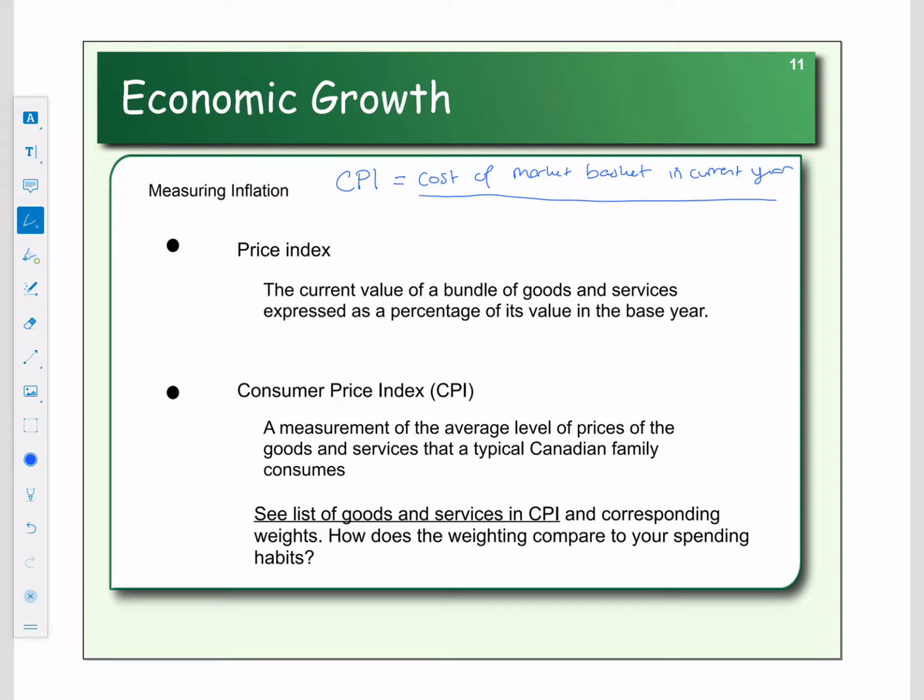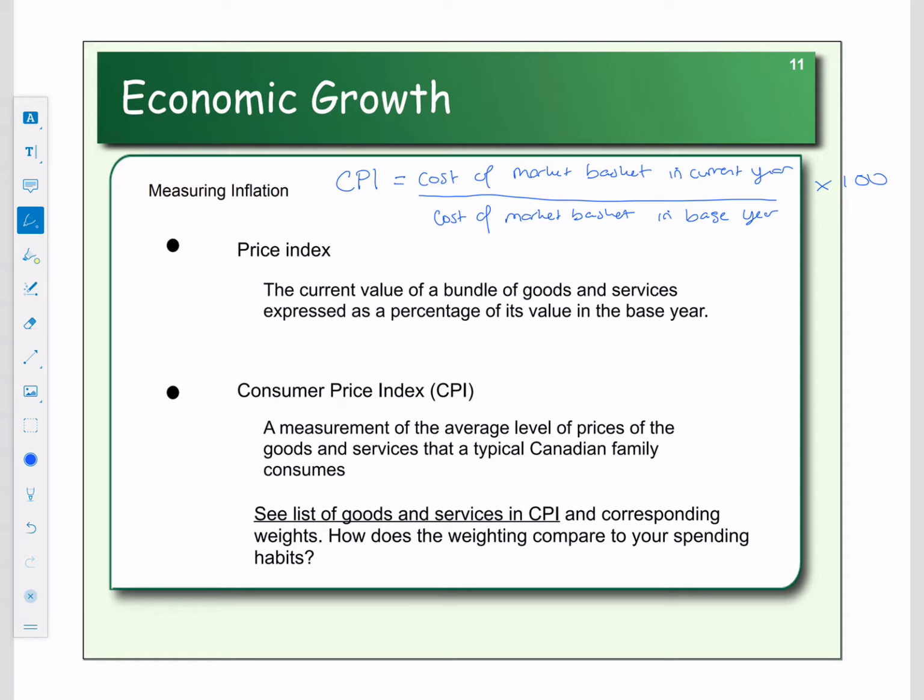And we're going to divide that by the cost of that same basket of goods and services in the base year. And then we're going to multiply the whole thing times 100.